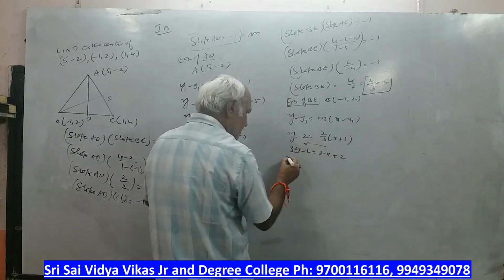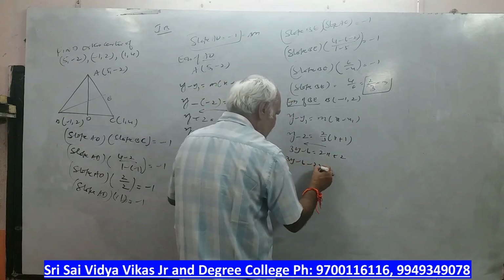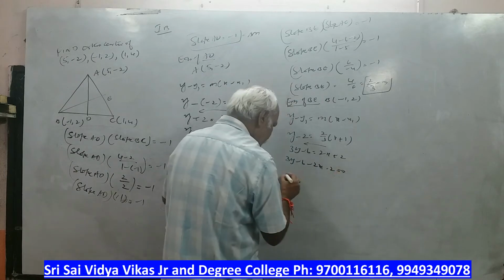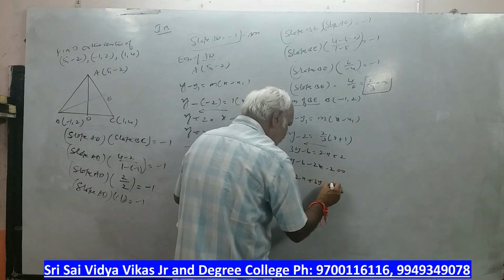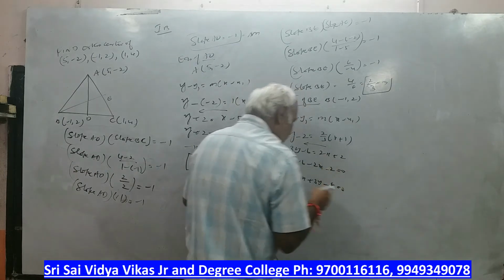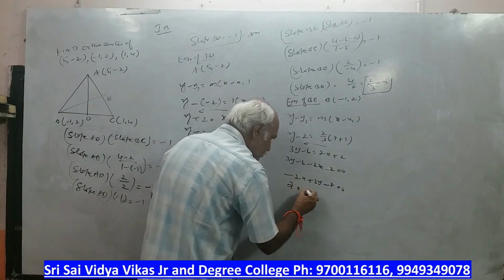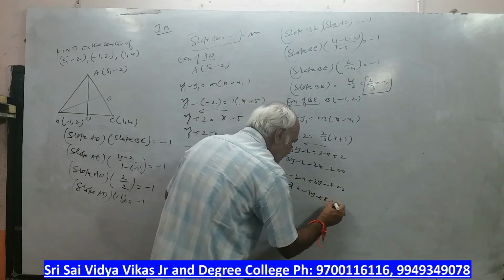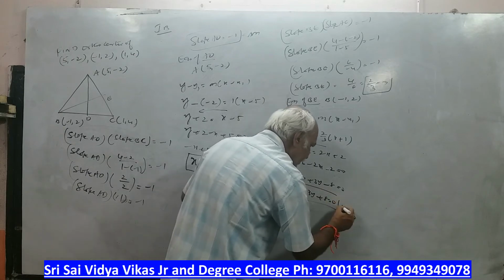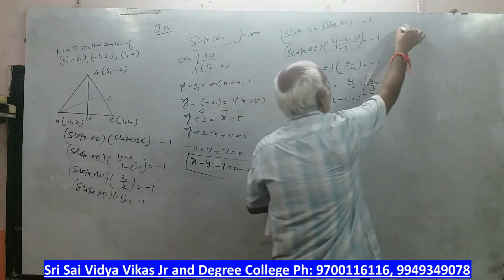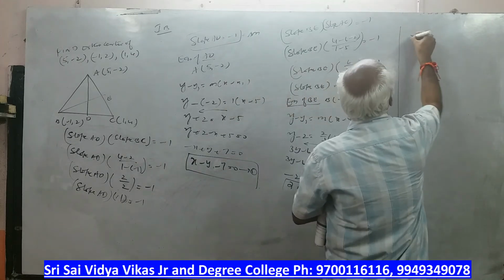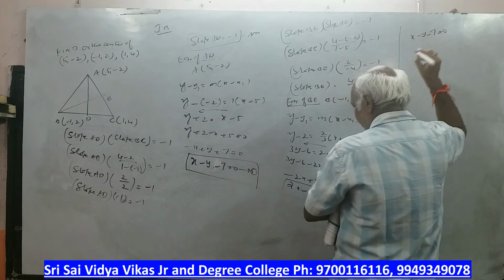Bring the term this side. Minus 2x, minus 8 is equal to 0. So I have removed a minus sign. 2x minus 3y plus 8 is equal to 0. Second equation. I'll write the first equation, second equation. What is the first equation? x plus y minus 7 is equal to 0.